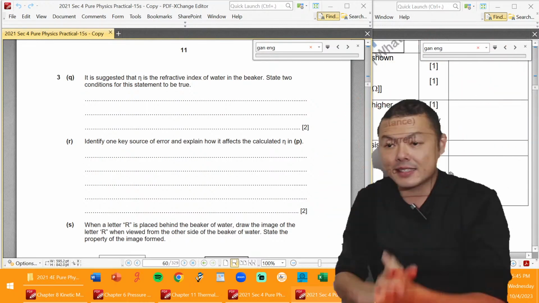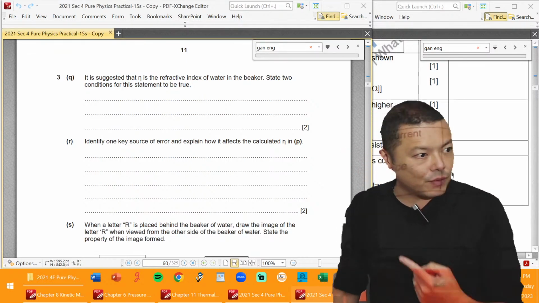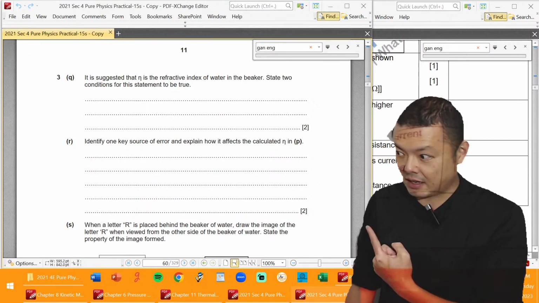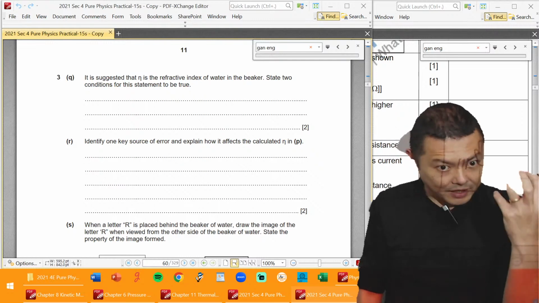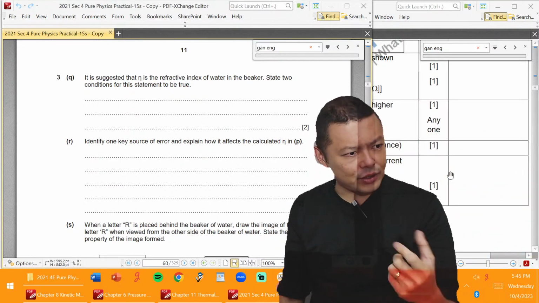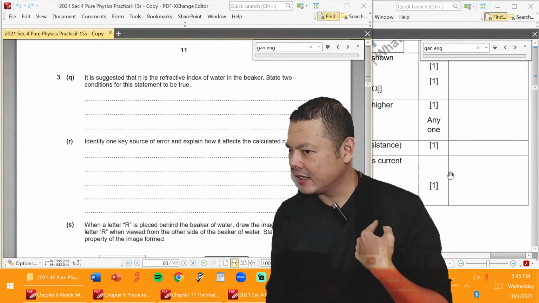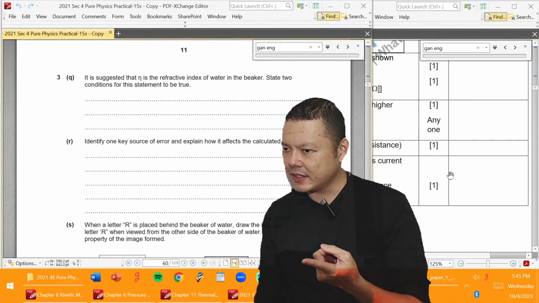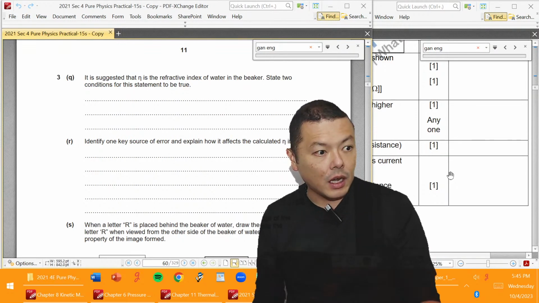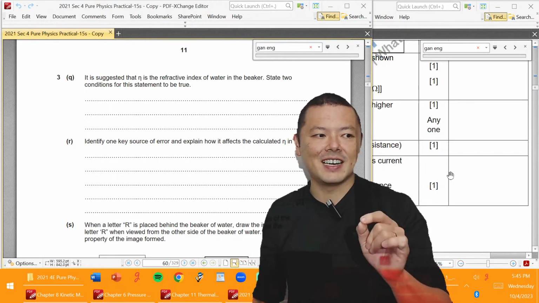Oh wait, there's a few standard key sources of errors, all right? For optics, there's a few standard key sources of errors. Do you all not have that? I don't have it, but I think someone has it. Anyway, the thing is this, the pins are not infinitely thin.